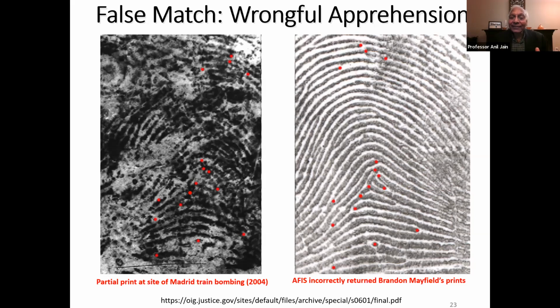The point here is we rely so much on fingerprints in border crossing, in arresting criminals, and in payment systems, which can involve a lot of fraud. So if we cannot keep on increasing the accuracy of the system, the public will lose trust in the system.